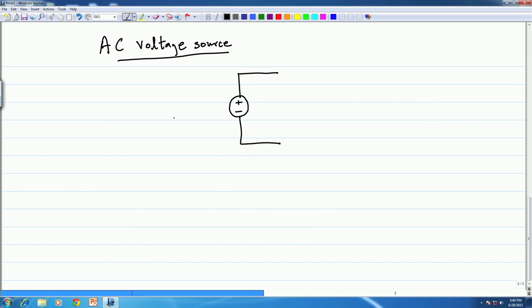So, the voltage V of t across an AC voltage source could be something like, I do not know, V sine 2 pi f naught t. That is a lot of stuff I wrote down there.